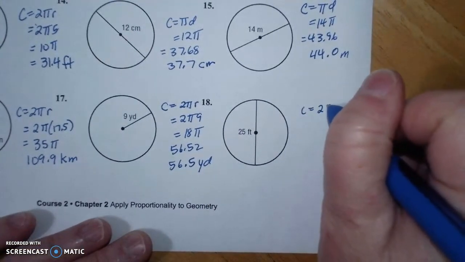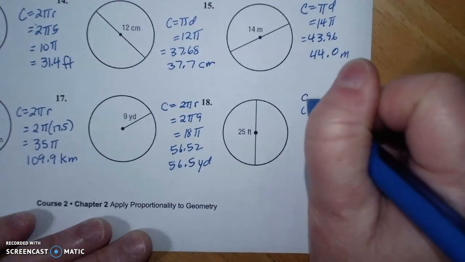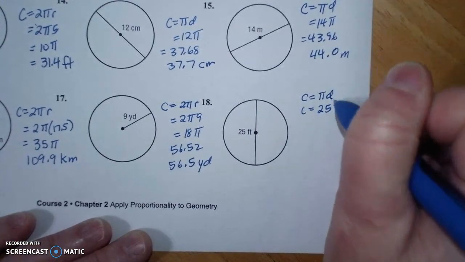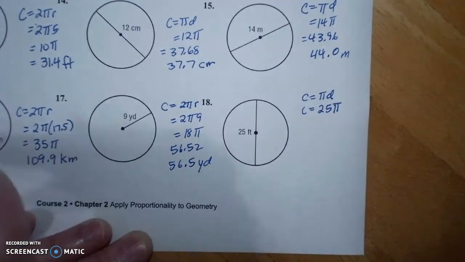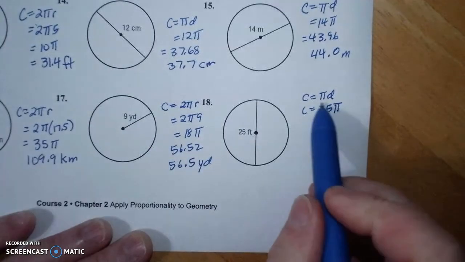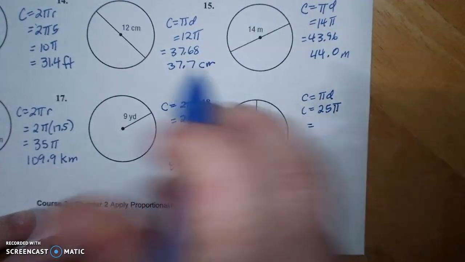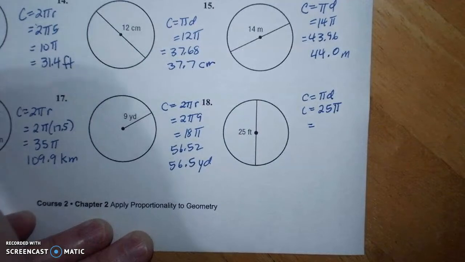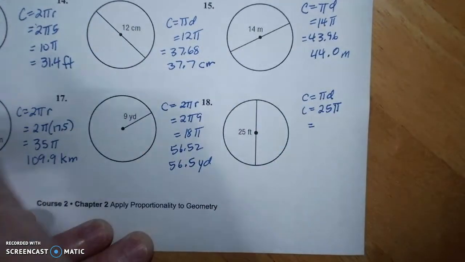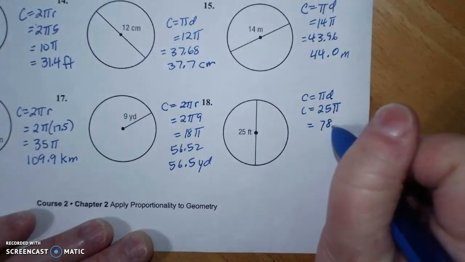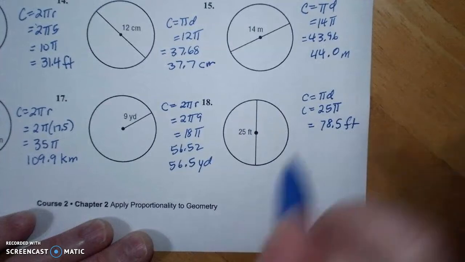C equals pi d. 25 pi. Now you don't have to do pi and then 25 and then flip it around. We'll let you do that step all in one. And that is 78.5 feet.